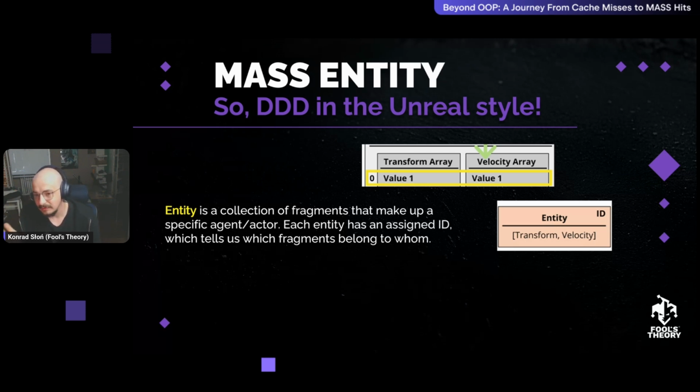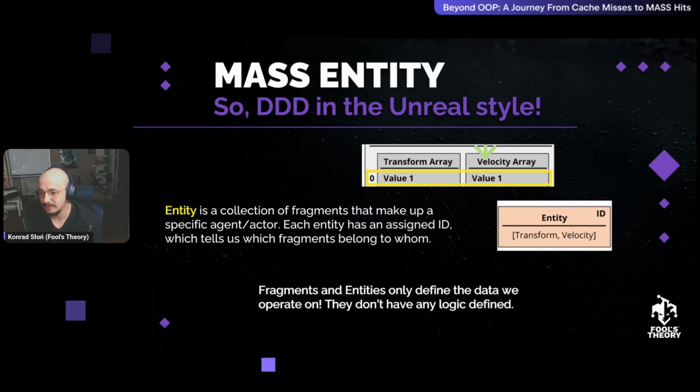Using that ID, you can get from that array the data which belongs to the specific entity, the specific actor. So when you are iterating over that array, you use the ID of the entity you want to edit. So an entity is just an ID to use the data from an array.